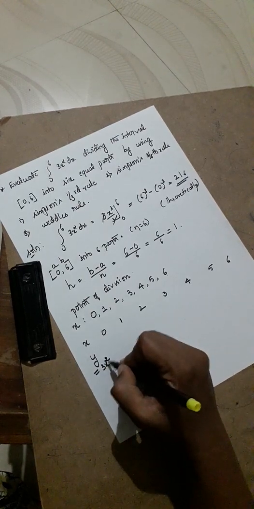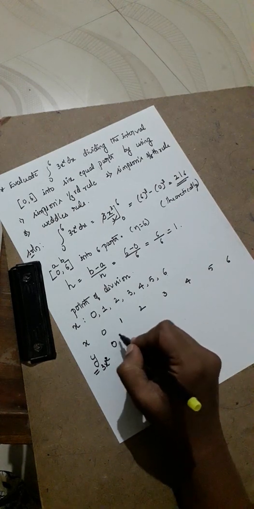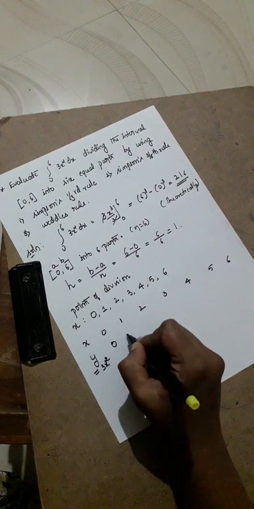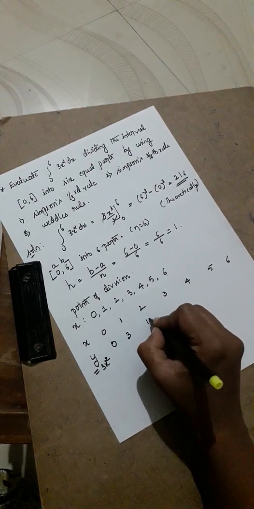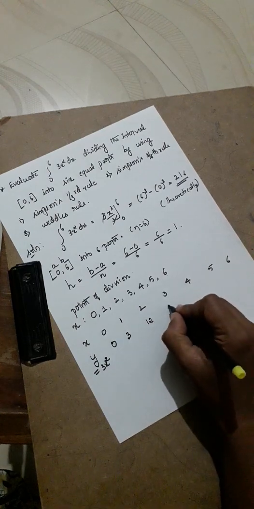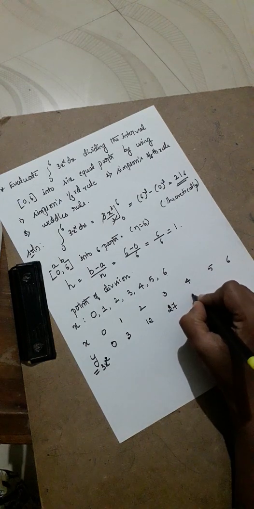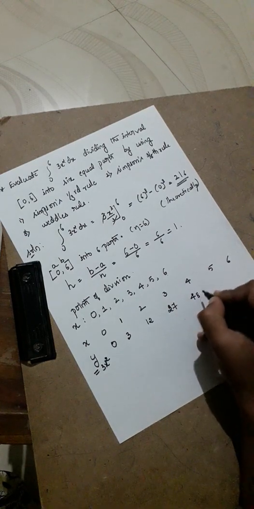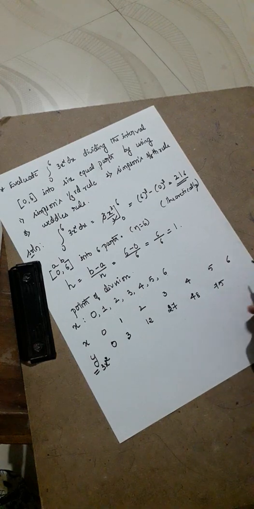Substitute the value of x. For x equals 0, y is 0. For x equals 1, y is 3. For x equals 2, y is 12, and for 3 it is 27. For 4 it is 48, for 5 it is 75 and for 6 it is 108.